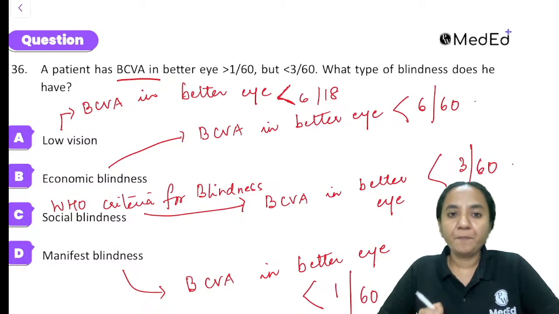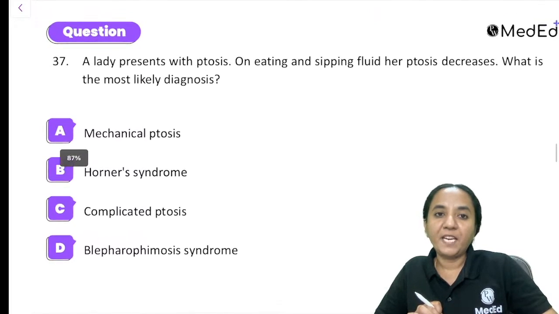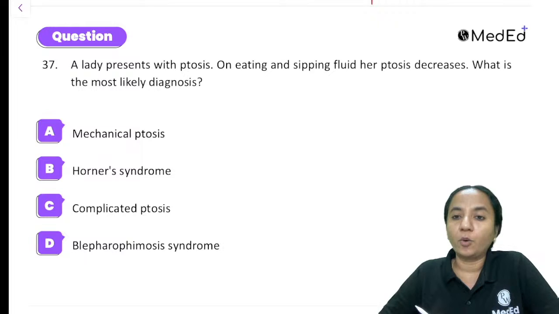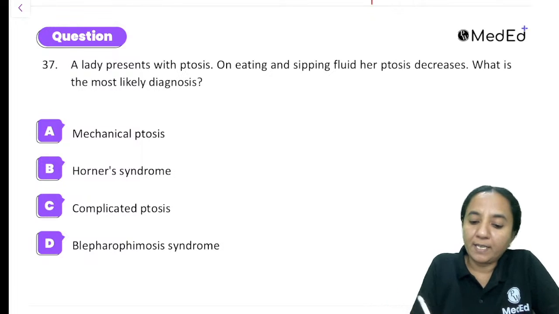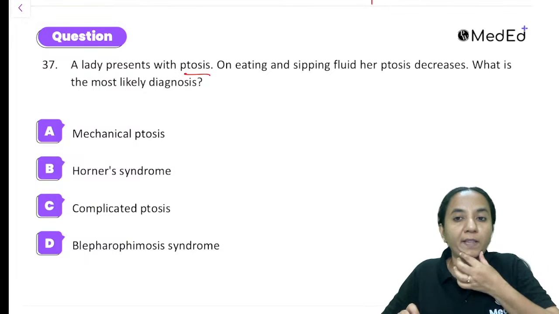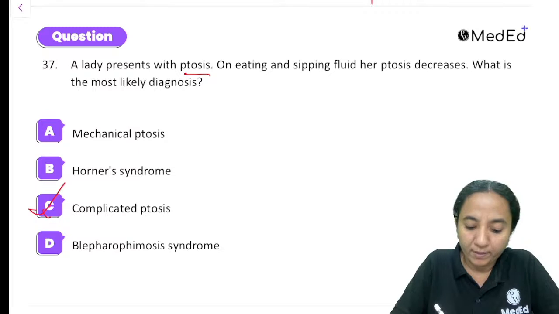Okay? Chalo. Let's go to the next question. A patient presents with ptosis and on eating or sipping fluid, her ptosis decreases. What is the most likely diagnosis? So this is a very typical question, where there is ptosis and there is a movement of the ptotic eyelid when the jaw is moved. So this is called a case of complicated ptosis.